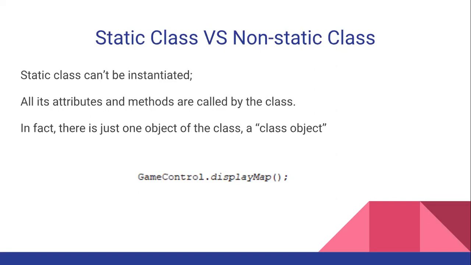Because of this, the class is calling the method, so it is a static class. And if I call DisplayMap in one part of the system and in another part of the system, it will be the same because it's the same variable, just the class.